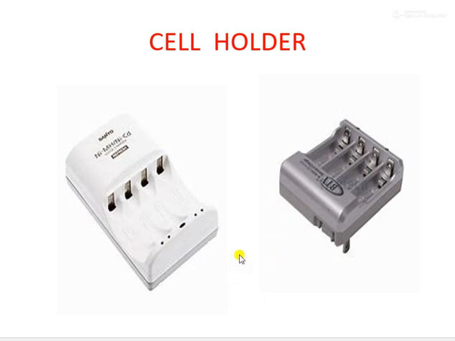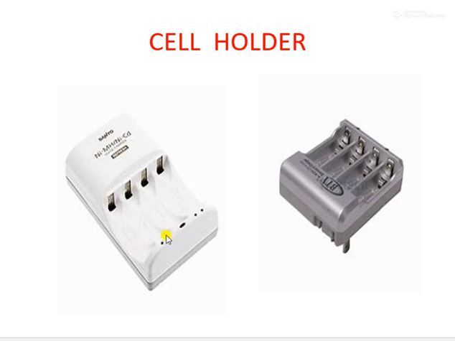Now children, what is this? This is called a cell holder. In this we can put the cells, and wherever we want we can take the cells out, put them in this equipment, and charge the cell. We do not need to buy new cells again and again.